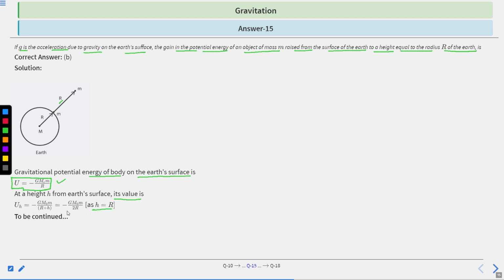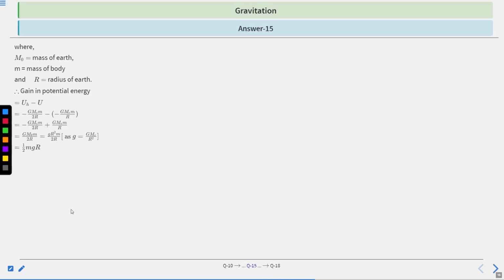And solving this term, you will get some relation where M naught is the mass of the earth and m is the mass of the body and r is the radius of the earth. Clear? So gain in potential energy is energy at height h minus energy on the earth. Clear?